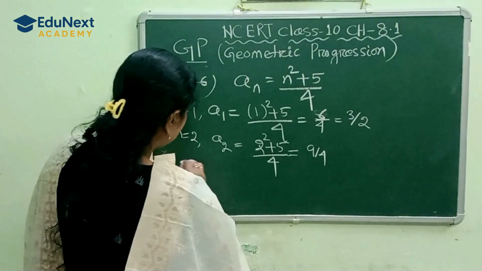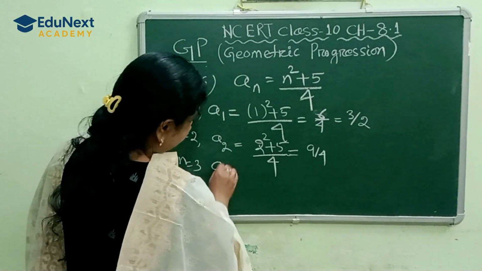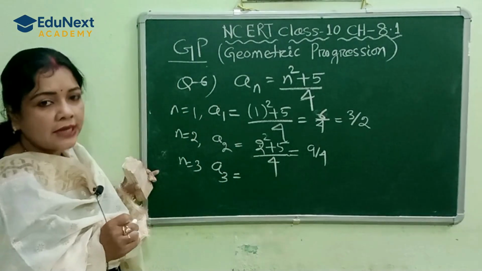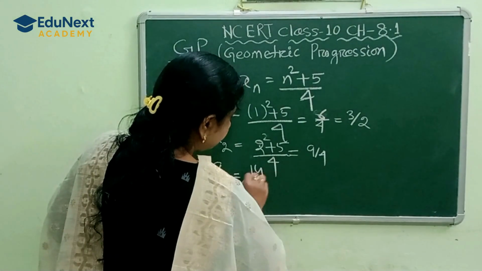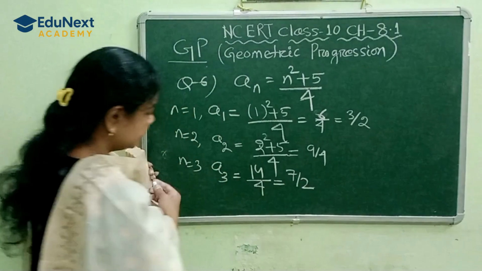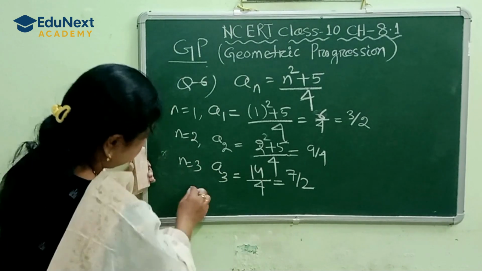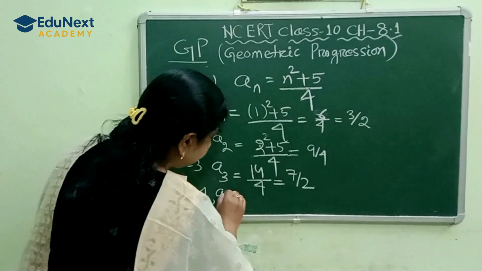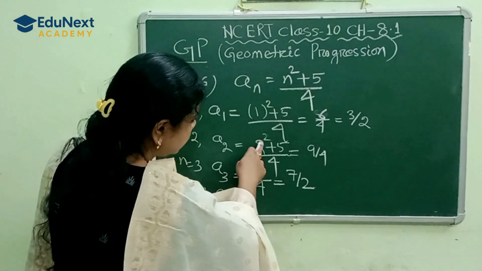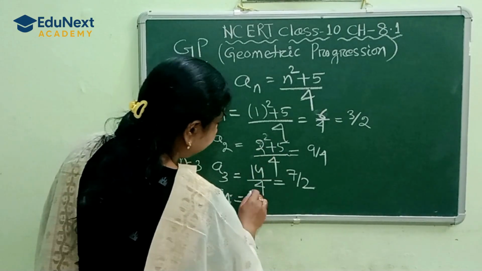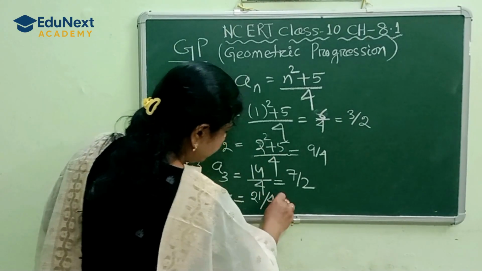So at n = 3, a3 is equal to 3 squared means 9 plus 5 means 14 by 4. That means 7 by 2. Similarly, at n = 4, a4 is equal to 16 plus 5, that means 21 by 4.